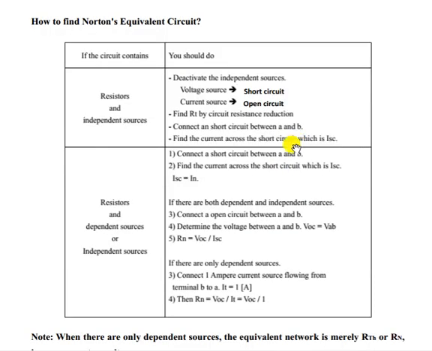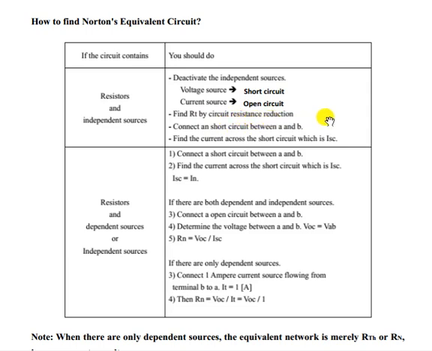Now, how do we find this Norton equivalent circuit? To find RTH, if we have only resistors and independent sources, deactivate the independent sources: voltage sources by short circuiting, current sources by open circuiting, and find RTH by using the circuit resistance reduction technique.